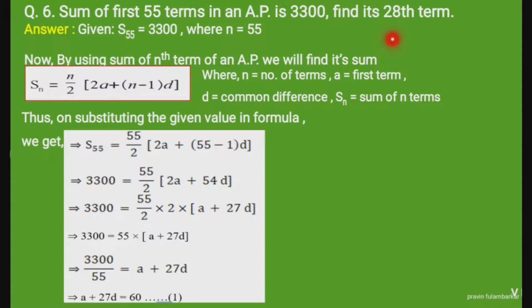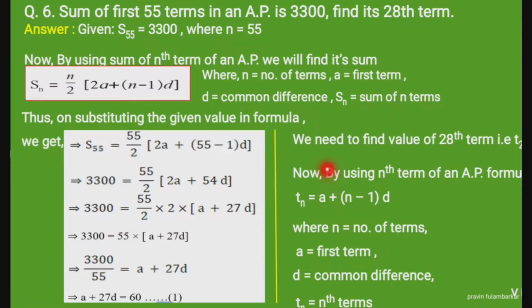Now we use the second condition. We have to find the 28th term, that is T28. So we use the formula Tn equals a plus n minus 1 into d, where n is the number of terms, a is the first term, d is the common difference, and Tn is the nth term.